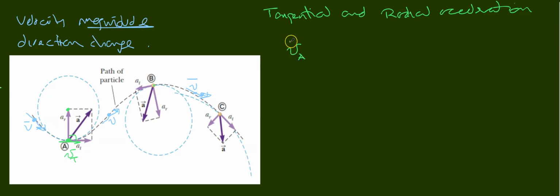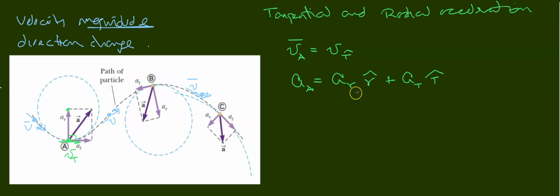So at point A, the velocity of the object is only tangential, right? But the acceleration at point A will have two components: acceleration radial parallel to the unit vector r pointing towards the center of the circle, plus an acceleration that is tangential that we can multiply by a unit vector t hat.